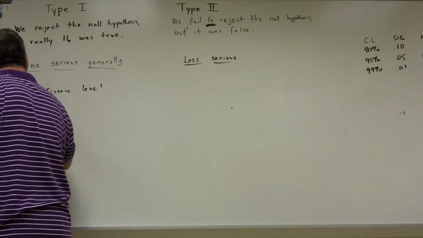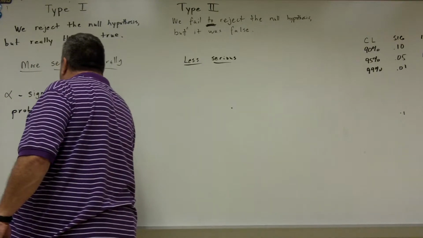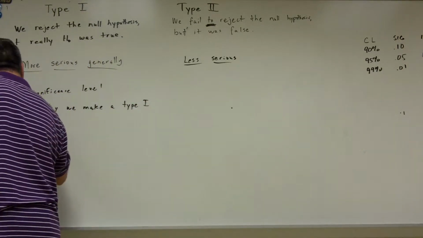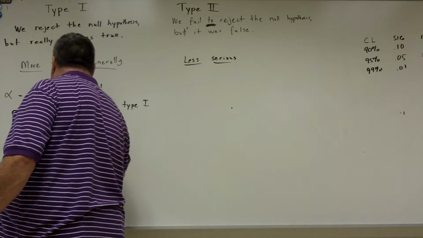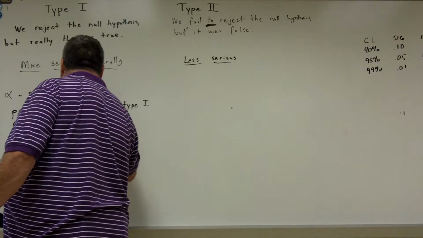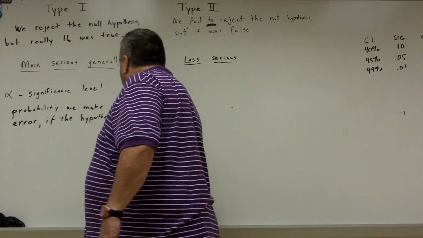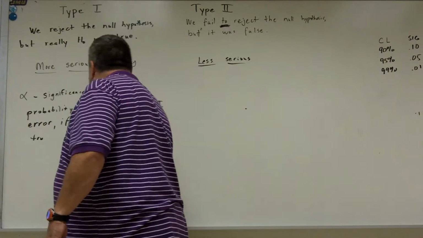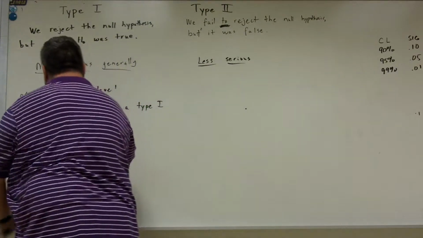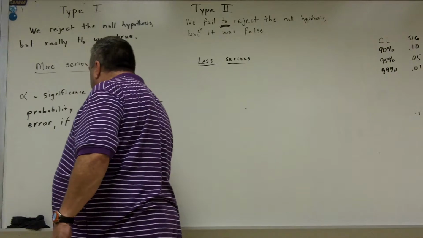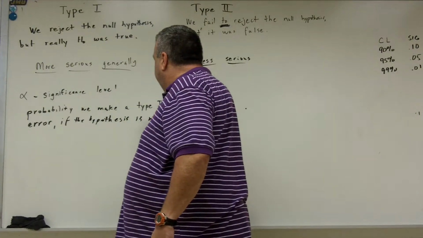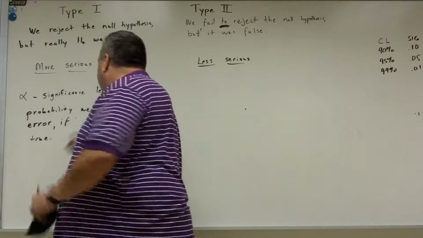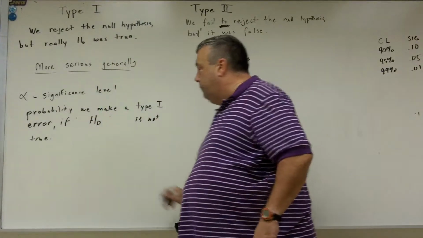It's actually the probability we make a type 1 error if the null hypothesis is true.